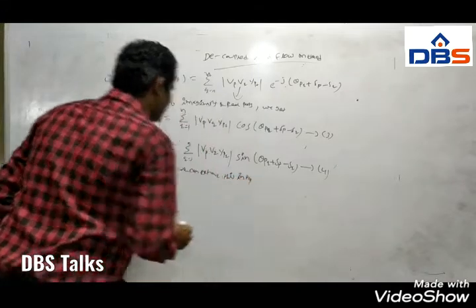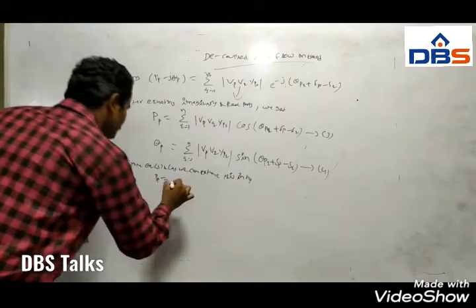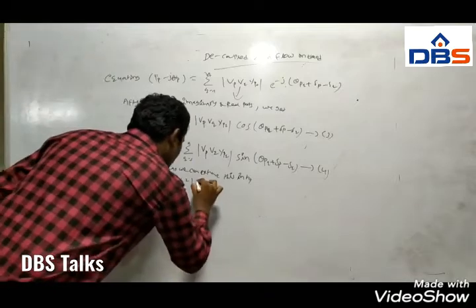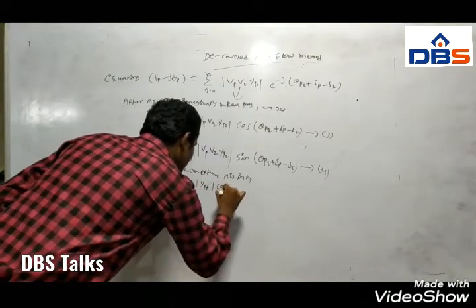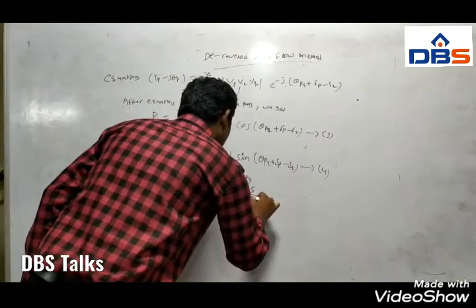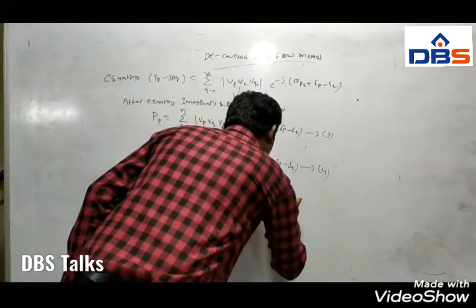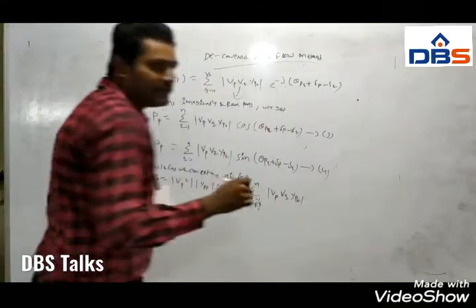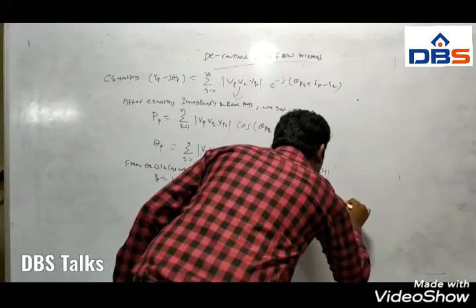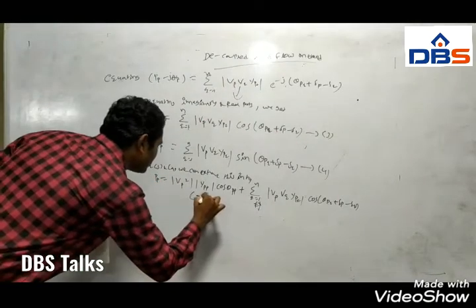Here we are taking Pp is equal to mod Vp square into mod Ypp cos theta pp plus sigma q equals 1 to n, q not equal to p, mod Vp Vq Ypq cos of theta pq plus delta p minus delta q. Here we are substituting the condition q equals p.